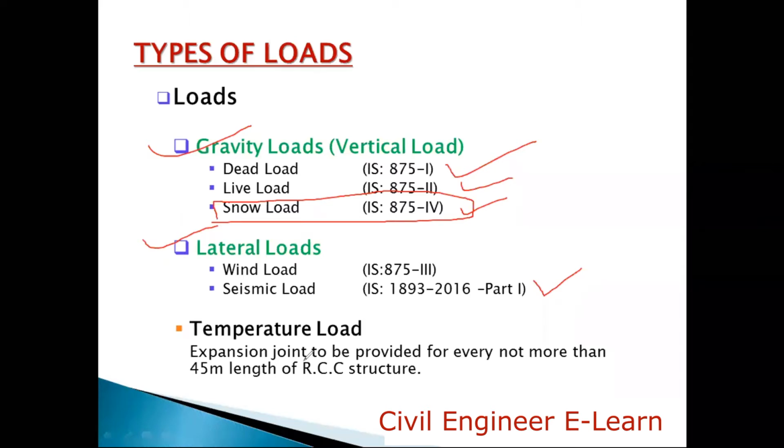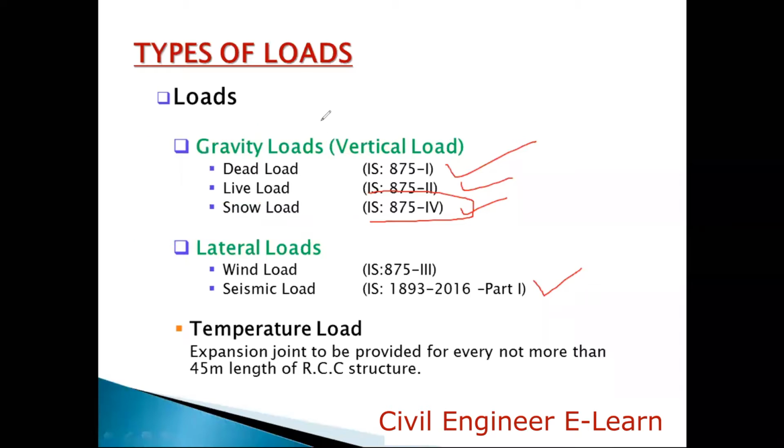So there are two situations. If you make an expansion joint, we don't need to consider any temperature load. If you want to design the structure for a length of more than 45 meters, then we have to consider temperature loads and assign them accordingly.